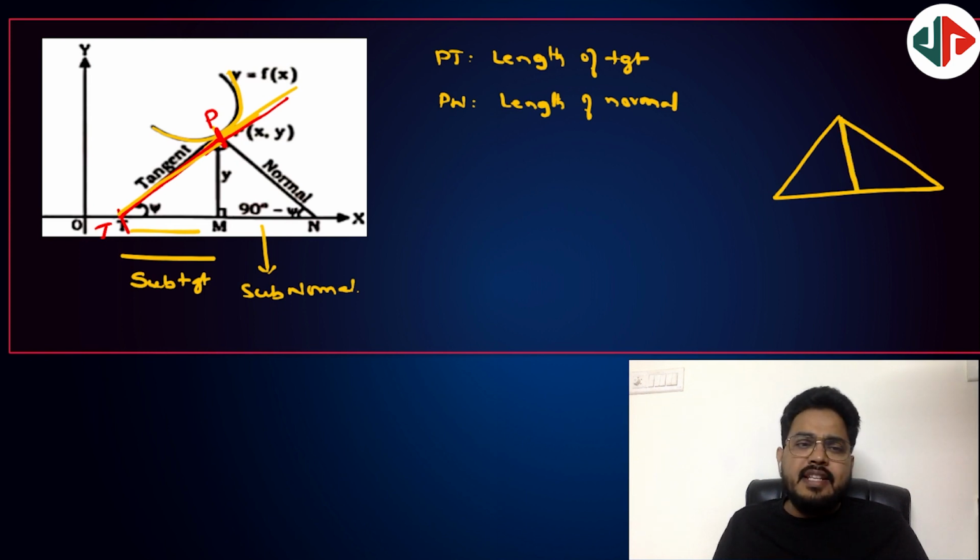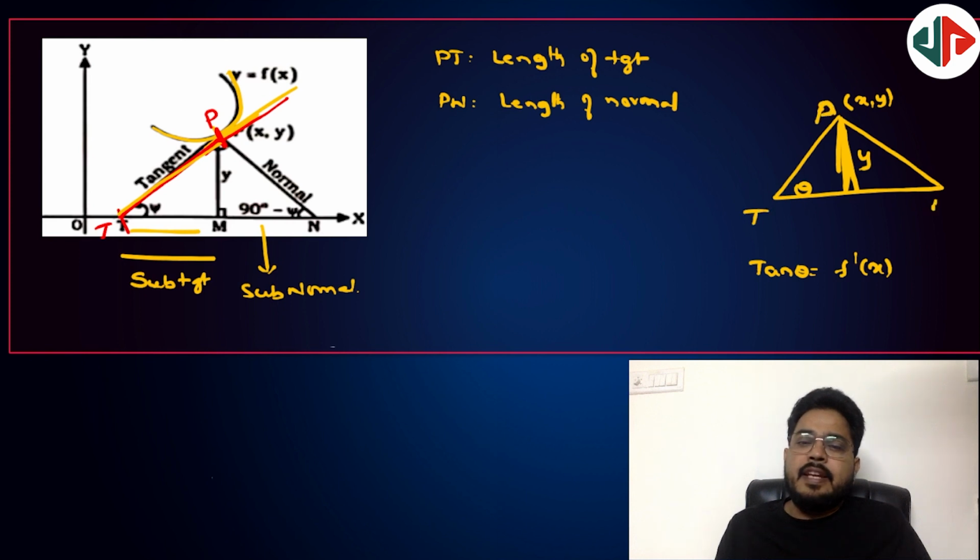So this tangent is making an angle of theta. So clearly tan theta is equal to f dash of x. This point is (x, y), so this length is equal to y. So you take the triangle PTM.